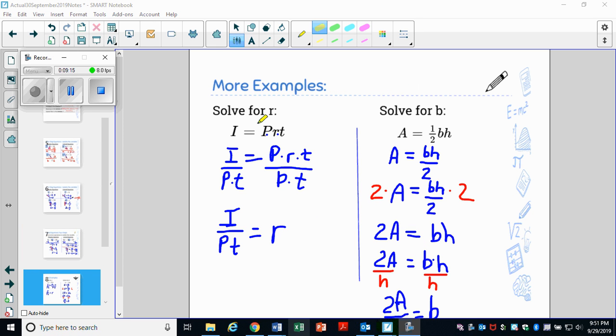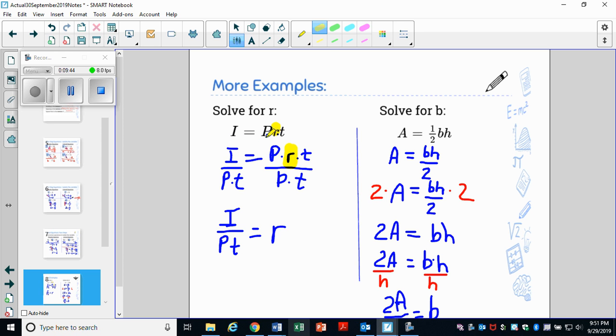This next problem, here it says solve for r. Now, what I would do, if you have a highlighter, this may help. Highlight the variable you are trying to solve. Because in the end, that'll tell us what we need to do with each other part or variable in the original expression, or in this case, equation, since we have an equal sign.